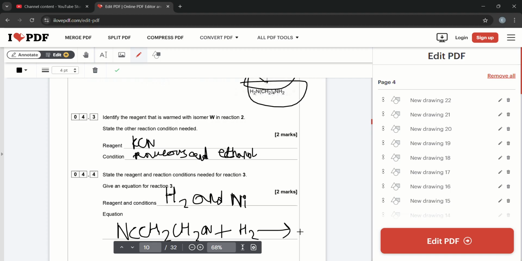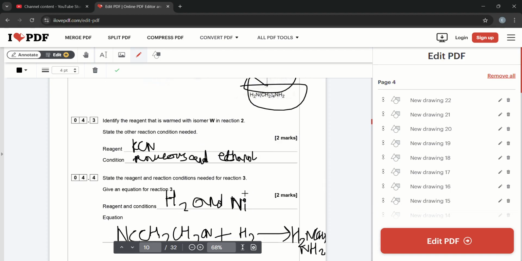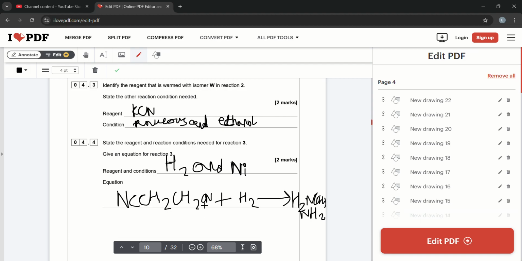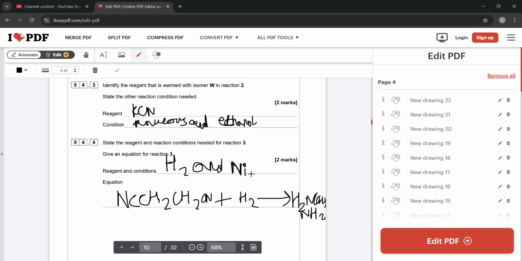We just need to show the addition of the hydrogen gas, H2N CH2 CH2 CH2 CH2 NH2. I'm sure I wrote it down, but you get the point. Now we need to balance it. Is it balanced? No. How many hydrogens here? 2, 4. How many hydrogens are formed? 2, 4 plus another 8, because you've got a 4 here. So 2 times 4 is 8. So we need a 4 here, the hydrogen gas, to balance it out.